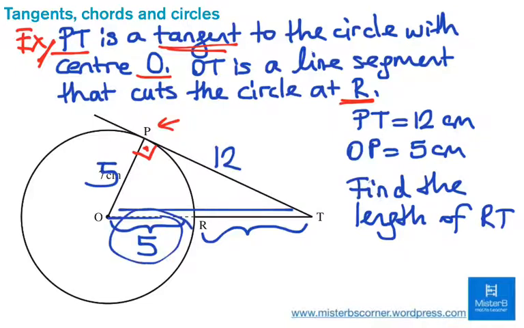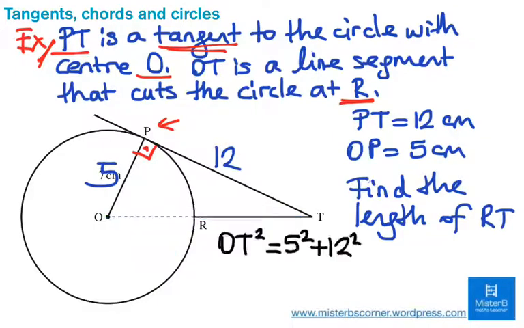In a circle context it is quite hidden, but when you think it through, it's not that hard. You're going to find the hypotenuse from Pythagoras and take away the radius. So OT squared is 5 squared plus 12 squared, which is 25 plus 144, which ends up with 169 as a sum.